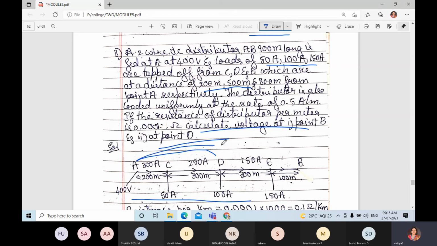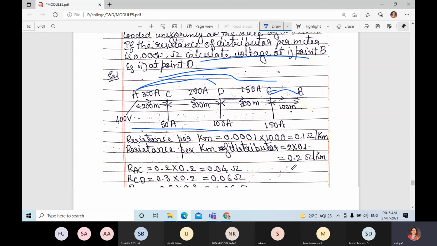Again from A to E, 800. If they have not given E to B, you should see the overall distributor length is 900. So subtract 900 minus 800, how much you will get? 100. So from E to B is 100 meter. From A to B, you'll get 900 meter only.